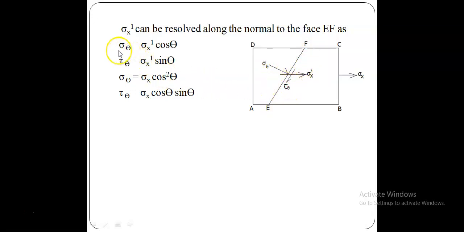So let us find that. Sigma theta is equal to sigma x dash into cos theta, because this is the angle subtended, theta.